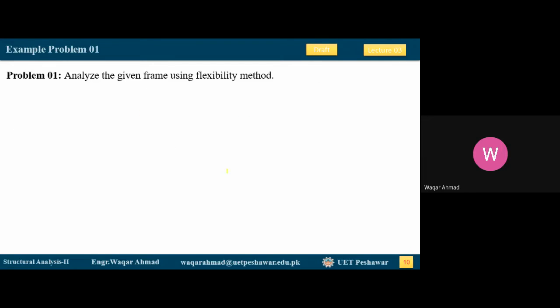We will now clear all these concepts, all these steps in quite detail through this problem number 1. I'll be going very slow in this problem.